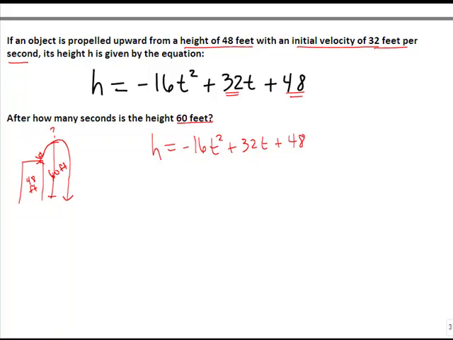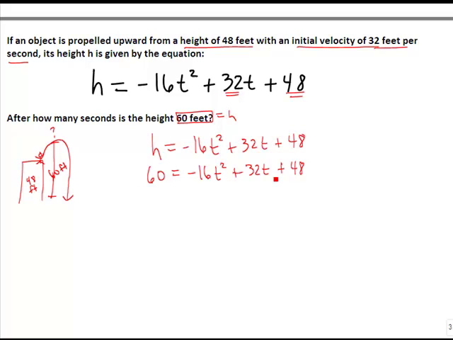So 60 feet, is that a height or is that a time? It's a height. So we are going to plug in 60 for h. So we're just going to put 60 on this left side, set it equal to our equation, and now we have an equation in terms of the variable t. So when we solve here and figure out what t is, we're finding times. So here's our equation.